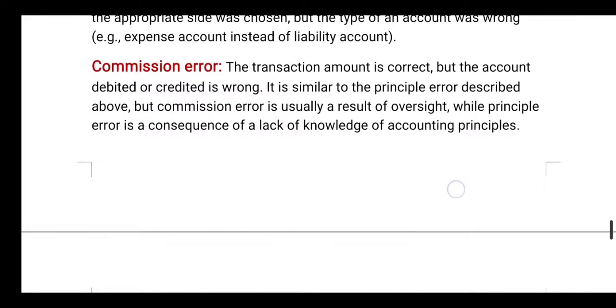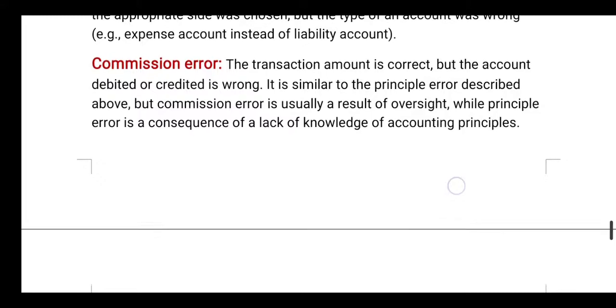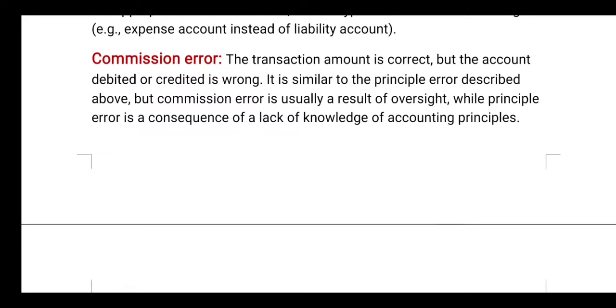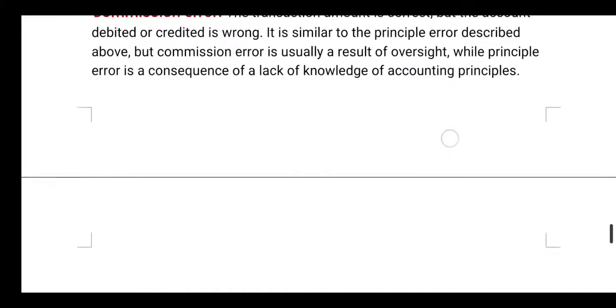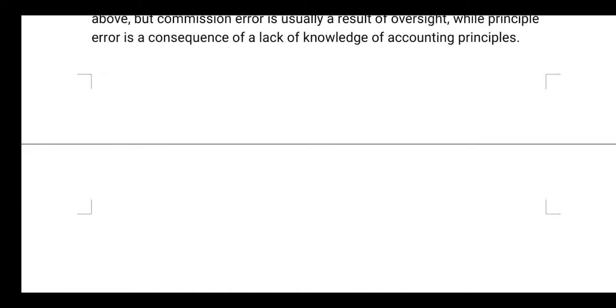The transaction amount is correct, but the account debited or credited is wrong. It is similar to the error of principle described above, but an error of commission is usually the result of oversight, while an error of principle is a consequence of lack of knowledge of accounting principles. An example is an amount received from Ramu but wrongly credited to Ramesh. These are the limitations of the trial balance.